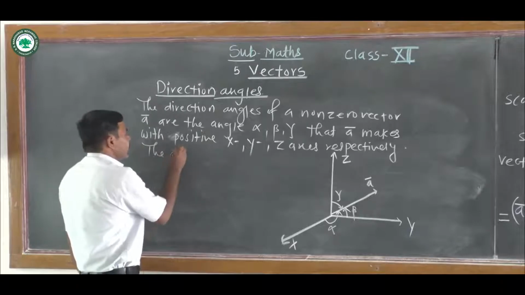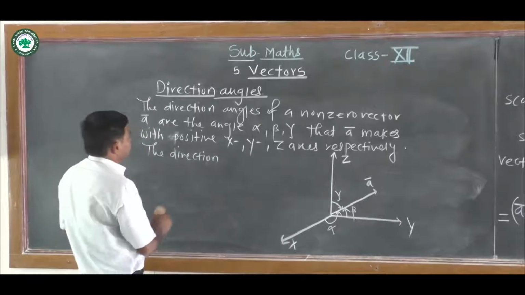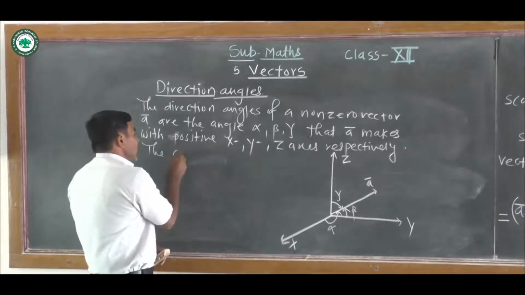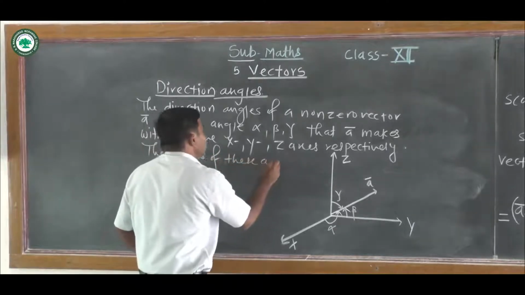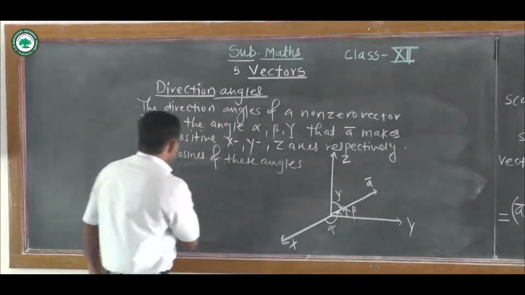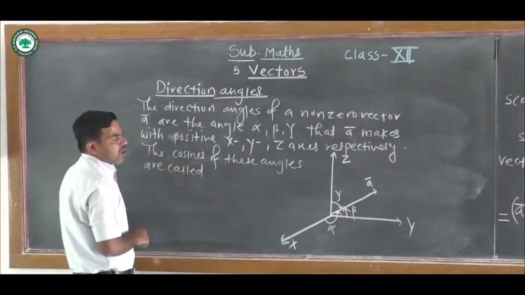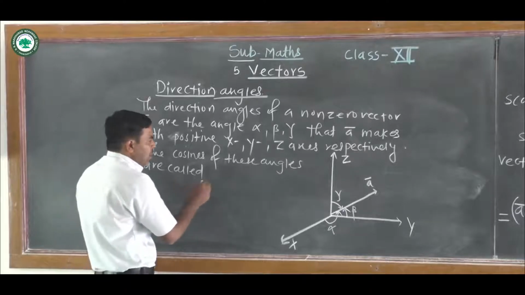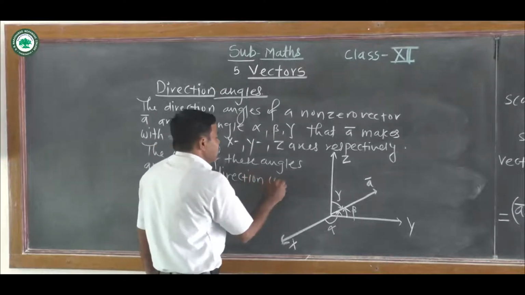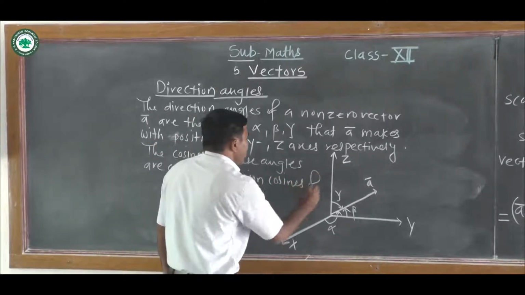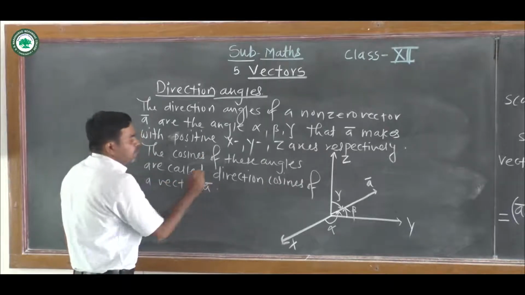The cosines of these angles are called direction cosines of a vector A bar.